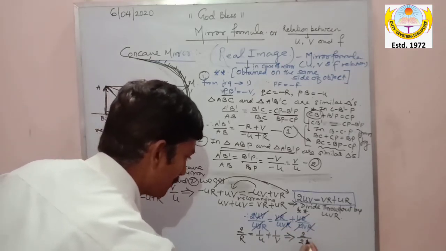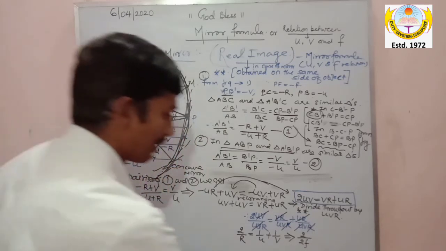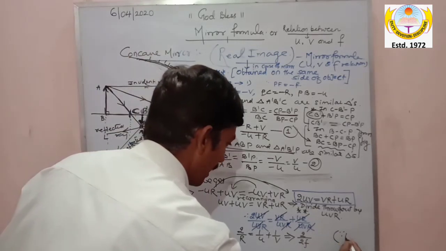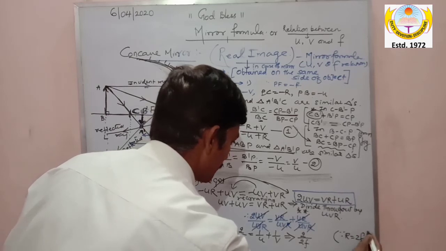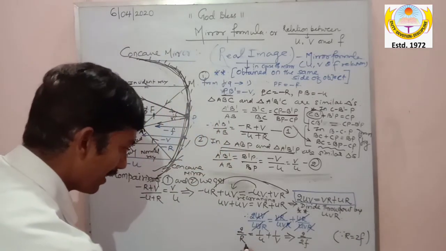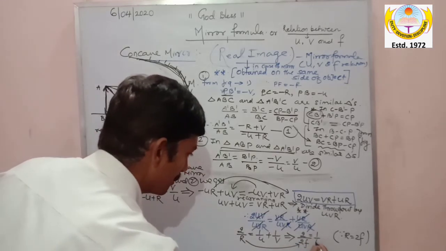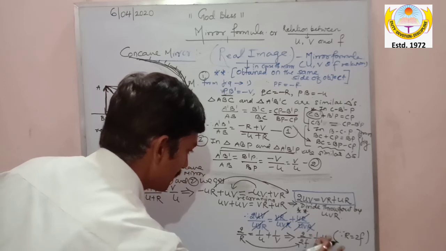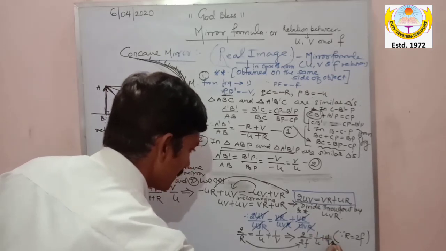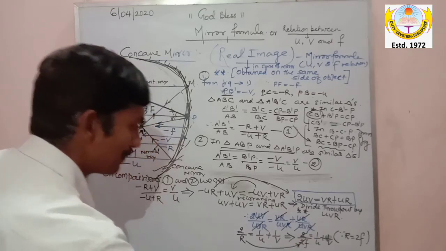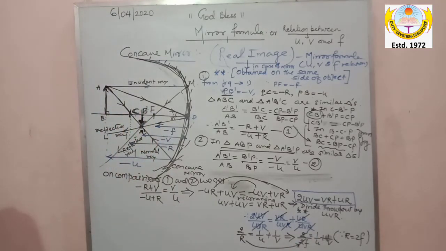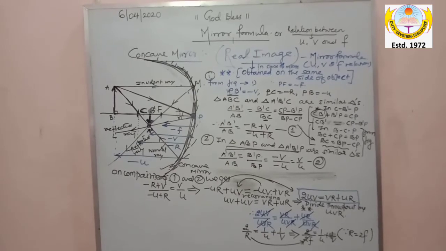Now everybody knows that R is equal to 2F. So R becomes 2F, and 2 by 2F is equal to 1 by U plus 1 by V. So 2 and 2 cancel to each other.